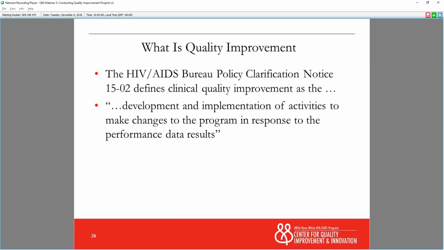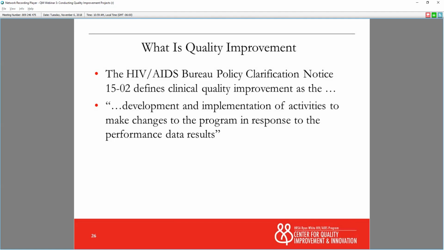HAB really went out of their way to define what clinical quality management is through this policy clarification notice, okay? And if you get this and read it, and you can download it from the HAB website, and it also has a really nice frequently asked question document, you can really understand what's expected of you, and it's right there, okay?